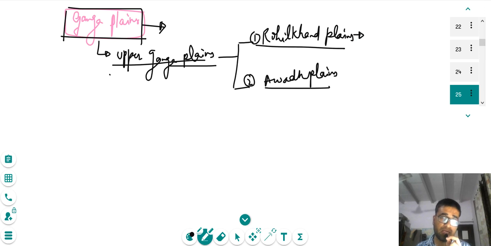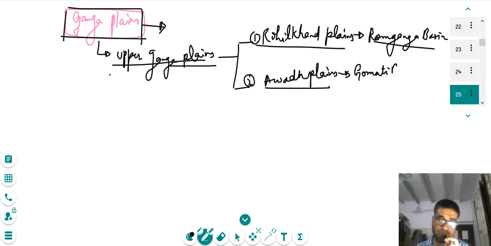Rohilkhand Plains are in the Ramganga Basin, river Ramganga Basin, right? While Awadh Plains are in Gomati Basin, right? And now let us do some features of these plains.